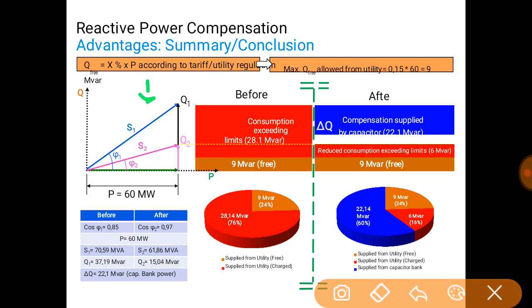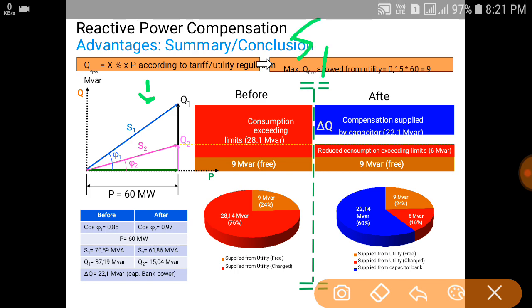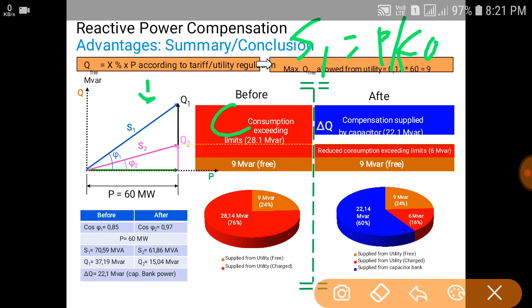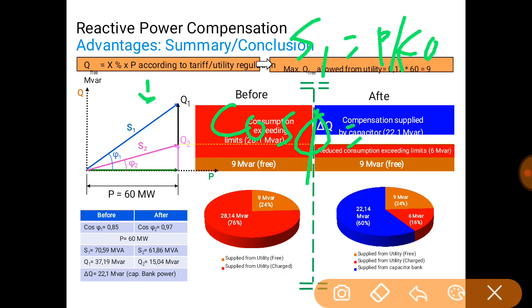Here we calculate S1 equal to P1 divided by cos phi, because cos phi is equal to P1 upon S1. Then S1 is equal to P1 divided by cos phi, meaning apparent power is equal to active power divided by power factor.